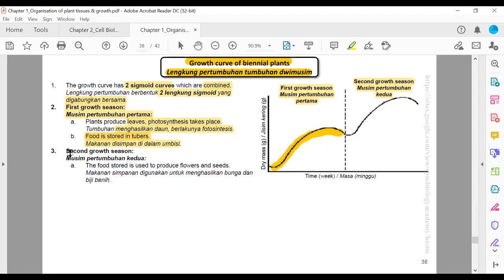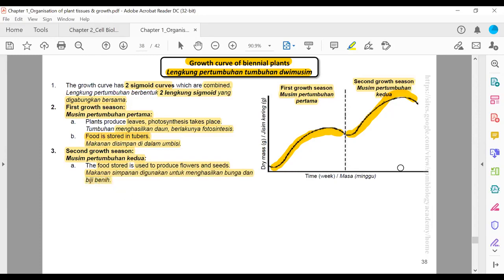So when it enters the second growth season, which is this, the second growth season. What happens here? The food stored in the tuber just now, umbisi tadi, is used to produce flowers and seeds. Makanan yang disimpan digunakan untuk menghasilkan bunga dan biji benih.